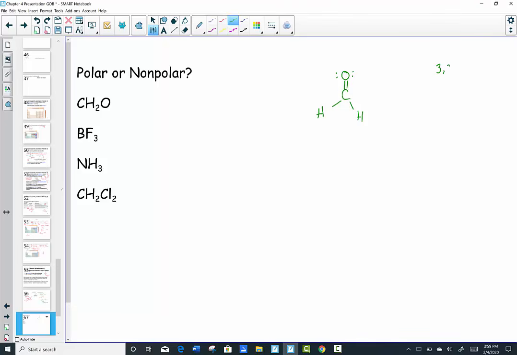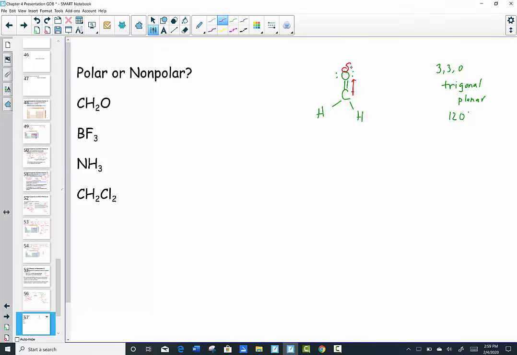Just to review, the VSEPR count would be 330. We would call this trigonal planar. Just trying to sprinkle in all of the lessons along the way. Bond angle, 120 degrees. Do you notice that this is a very polar bond with the more electron density on oxygen?